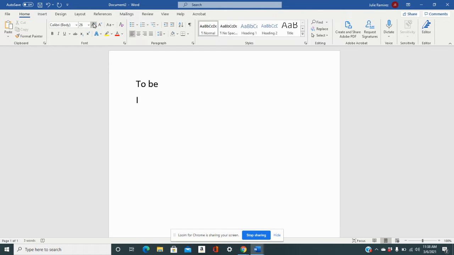So when we conjugate it, I am, you are, he, she, it is, we are, you are, they are. So this is how it is conjugated when you use it with a subject.